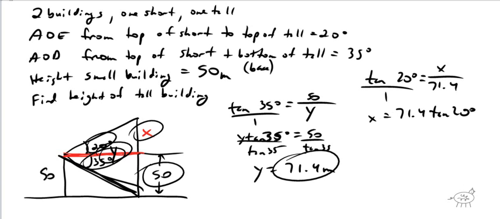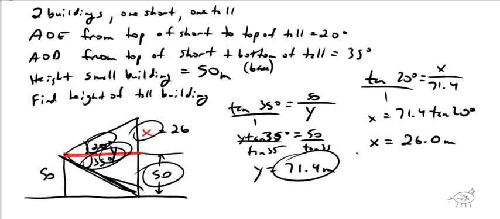So truly what you're doing is, your last answer that you got was 71.4, blah, blah, blah. So you're just going to hit times tangent of 20. Because you never use a round answer when you're doing anything here. And you get x equals 26.0 meters.